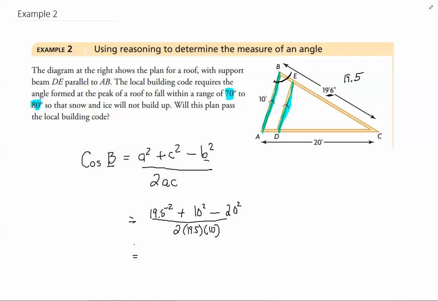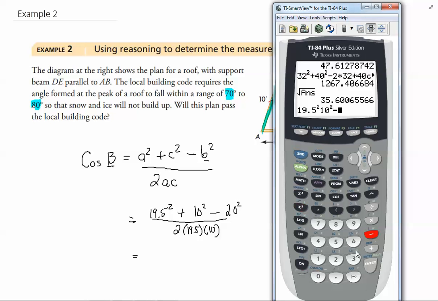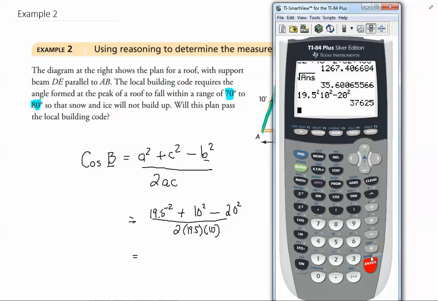It's essential when we do this rearranging that we calculate what's on top, what's on the bottom, and then divide. So I'm going to do this in 2 separate steps. I'm going to take 19.5 squared plus 10 squared minus 20 squared. I've made a mistake here, so let me just fix that.